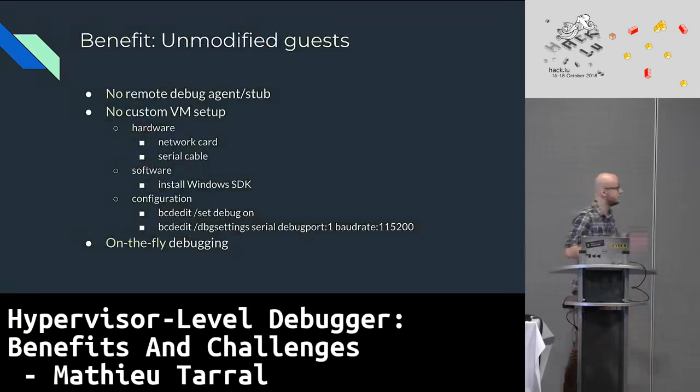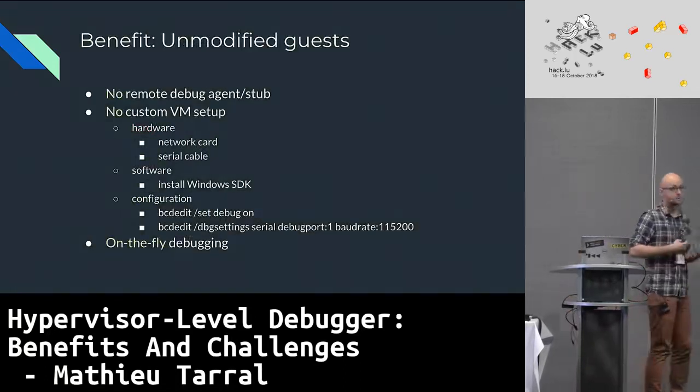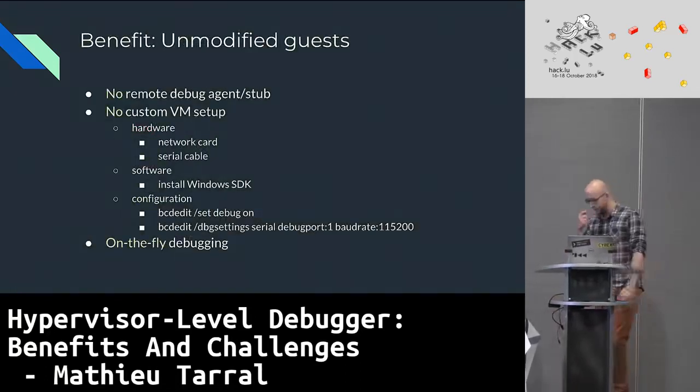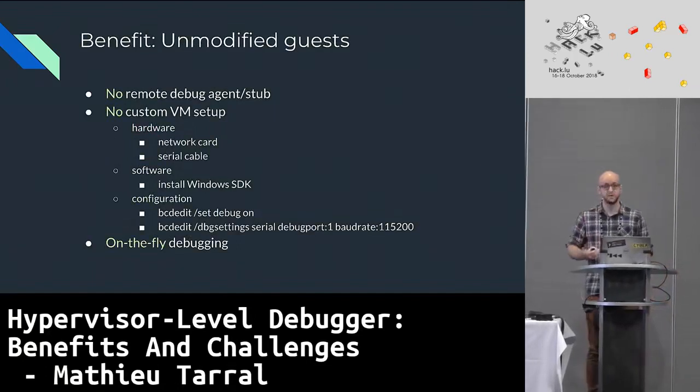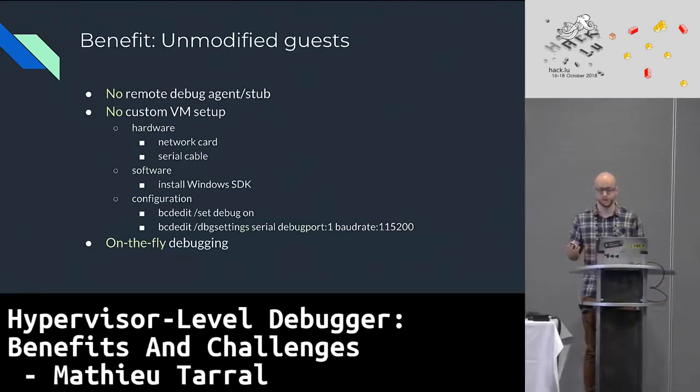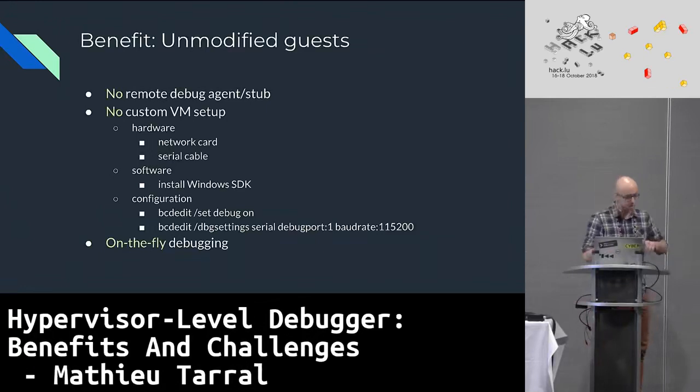But more than that, you have some benefits. Depending on how you implement your hypervisor level debugger, you can have an unmodified guest. You can use your raw virtual machine right away. So no serial cable, no specific hardware, and no specific guest configuration to enable debugging. Plus, you have this on-the-fly debugging, so debugging a virtual machine without having to reboot it or change the configuration.